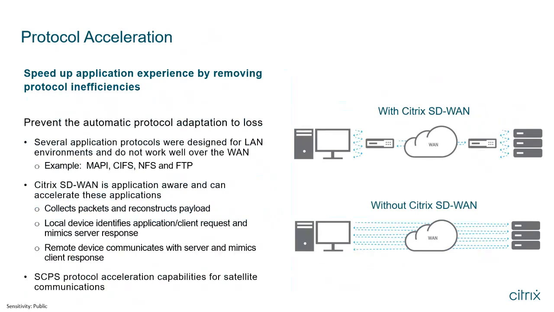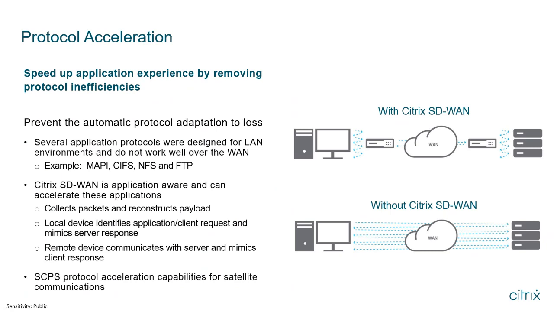Protocol acceleration. This is tremendous for file shares and the like. So a lot of protocols were really designed for LAN behavior, and when you start stretching them out over a WAN, some of their inherent cracks in that architecture start to show, but they're so well adopted at this point that we understand we have to do it.